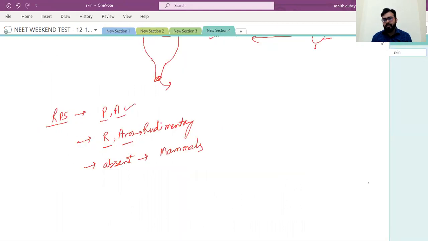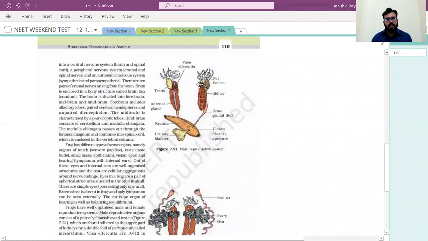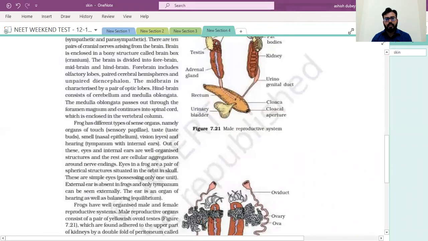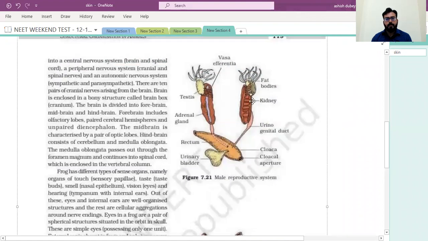Let me show you with the help of a diagram. We can see in this diagram, the urinogenital duct is labeled here. It is generally the ureter, no?